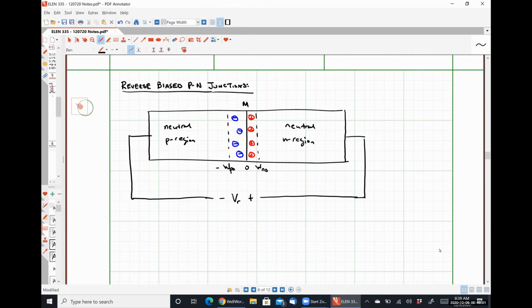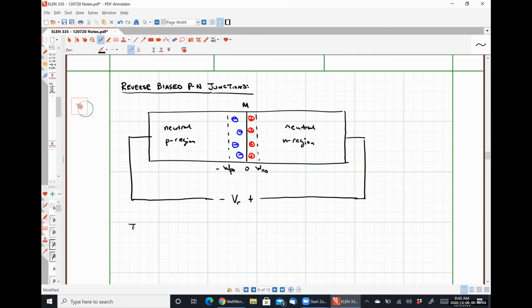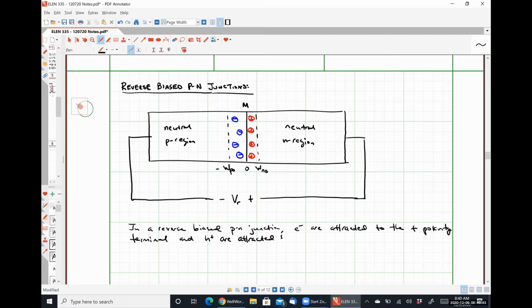All right, so in a reverse biased PN junction, electrons are attracted to the positive polarity terminal of our voltage source, and holes are attracted to the negative polarity terminal.